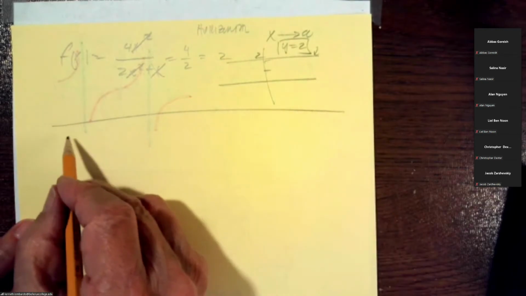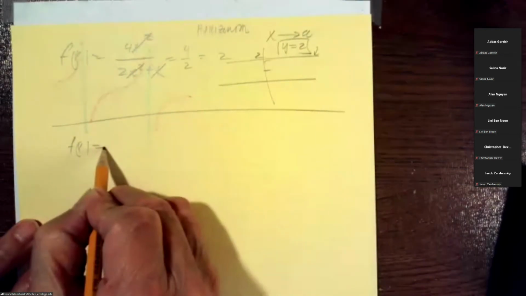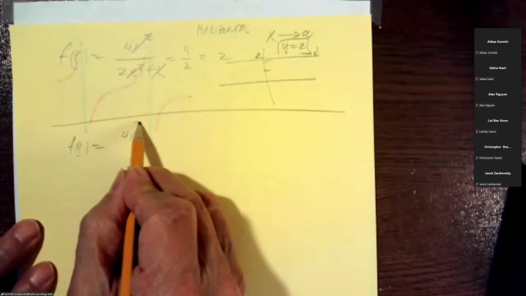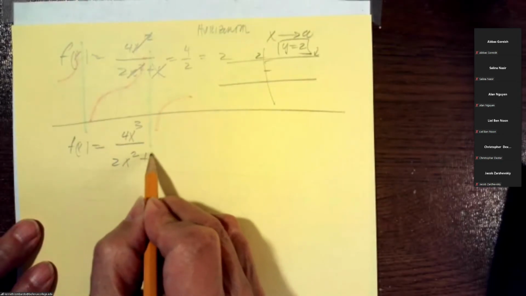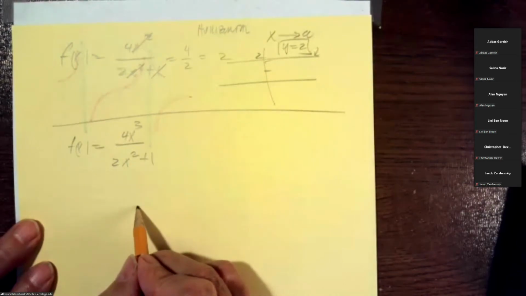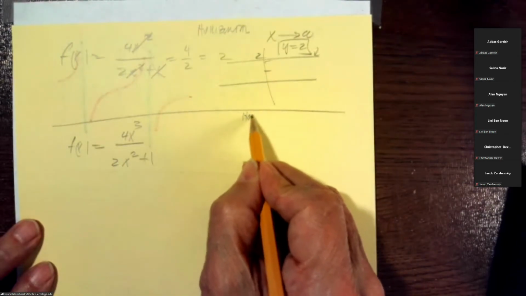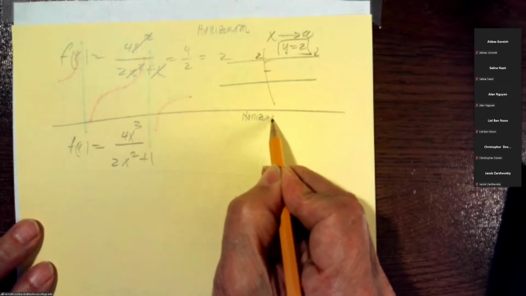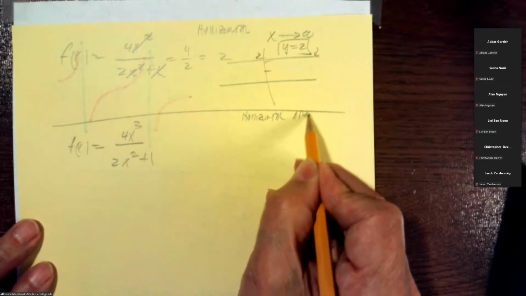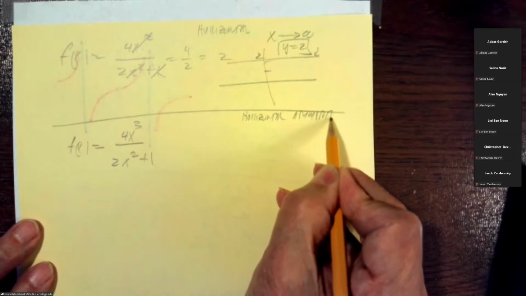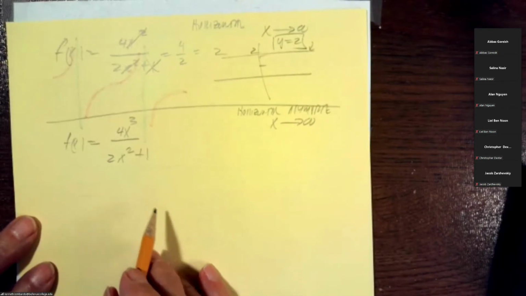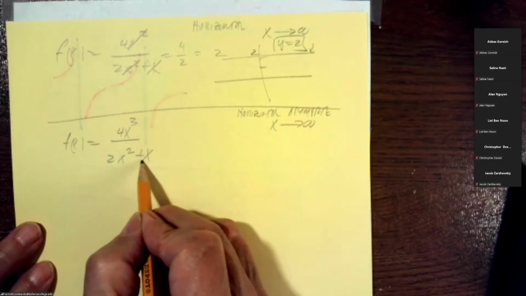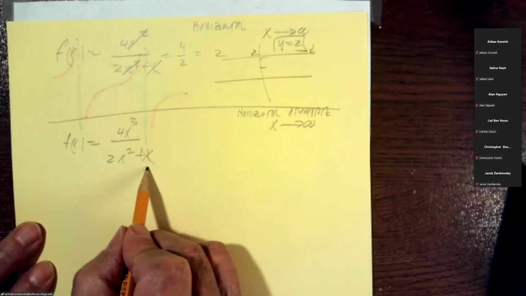Let's say we have f of x equals 4x cubed over 2x squared plus 1. And again, we're looking for a horizontal asymptote. We say, well, what happens when x gets large? When x gets large, that value is not going to mean much.